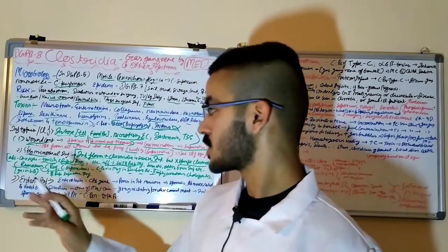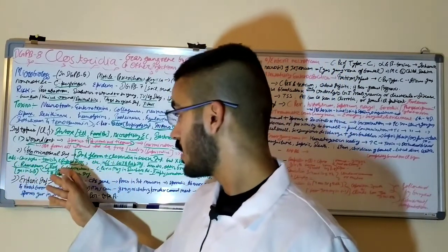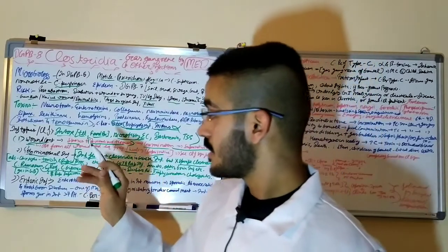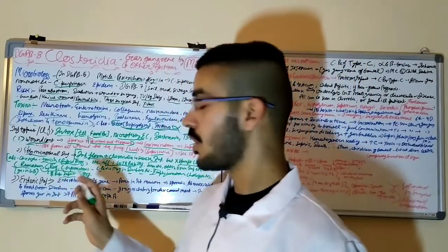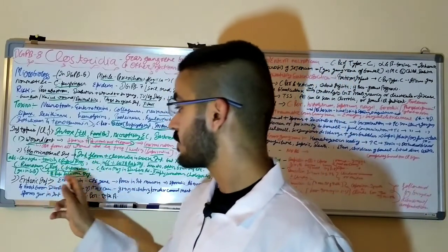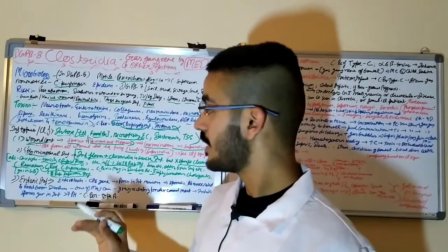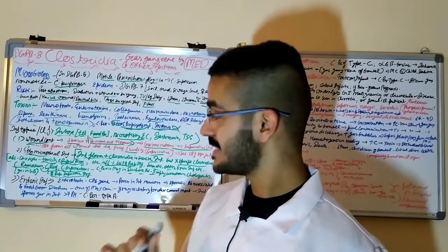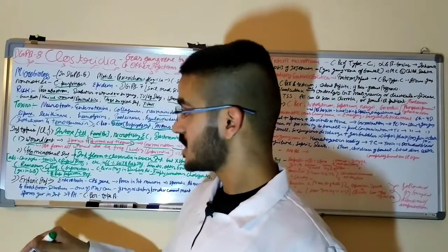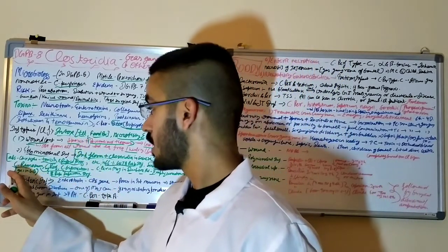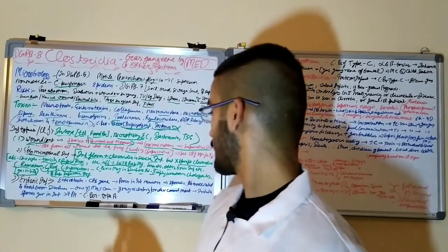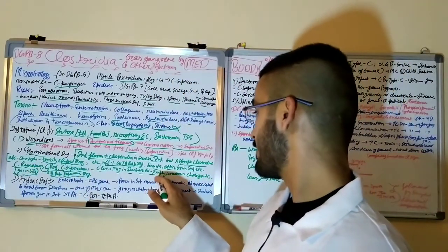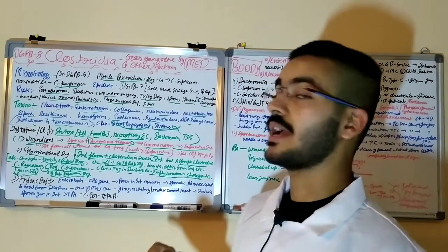Clostridium ramosum, Clostridium perfringens, Clostridium bifermentans are seen in suppurative infections of the female reproductive tract, and they are also responsible for the gaseous infection of the gallbladder, also called emphysematous cholecystitis.